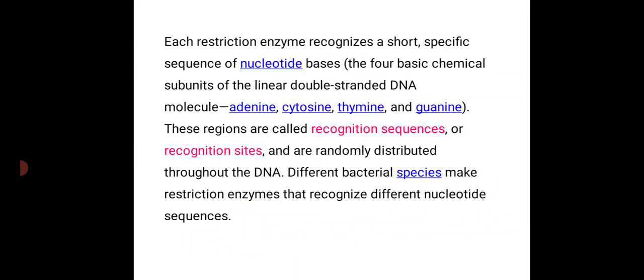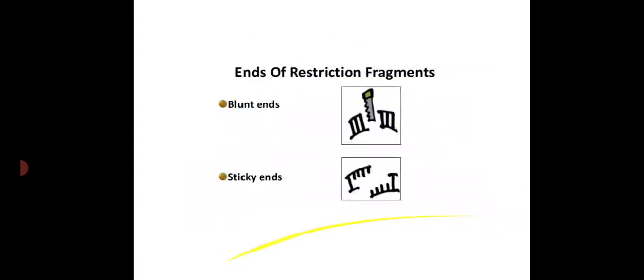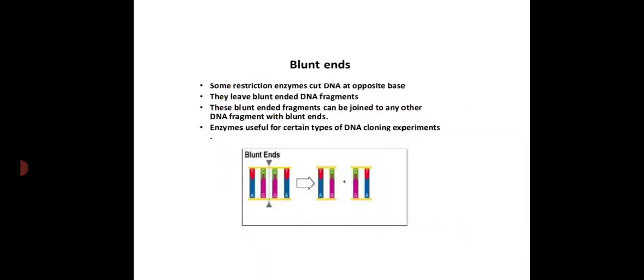Different bacterial species make restriction enzymes that recognize different nucleotide sequences. So the ends of the restriction fragments are blunt ends and sticky ends.